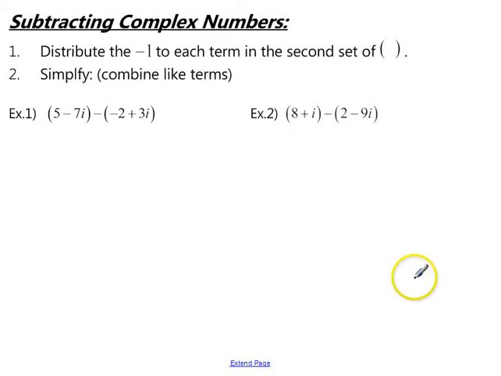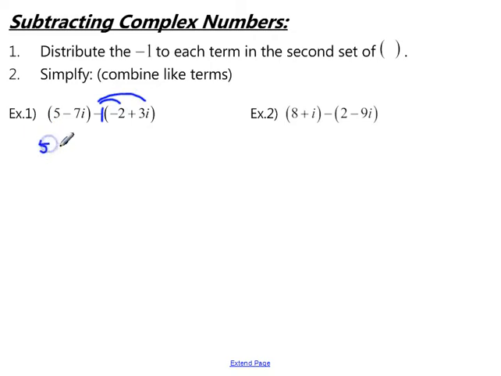Next, let's talk about subtracting complex numbers. Now, our second step is going to be exactly like adding complex numbers, but we have this first step before that. We want to distribute a -1 to each term in the second set of parentheses. So this is kind of like when we added and subtracted polynomials from Algebra 1. We want to take this negative sign, this invisible -1, and distribute it to each term in the second set of parentheses.